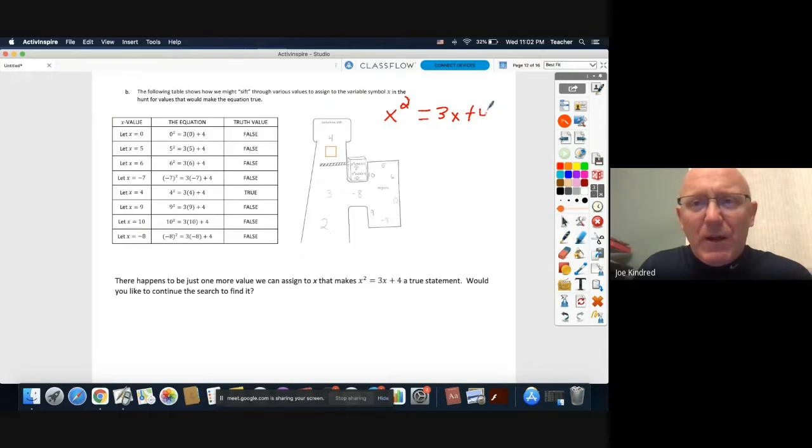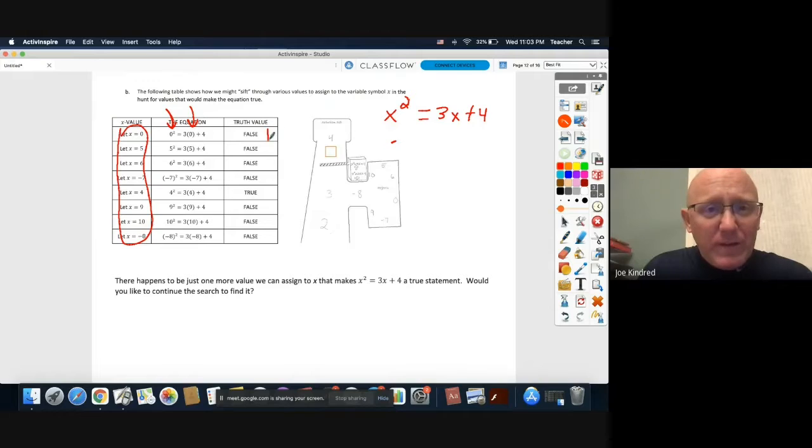So we're trying to find out what values make this side equal to this side. They begin plugging values in on this side. They randomly pick 0, 5, 6, -7, 4, 9, 10, and plug those numbers in, basically doing what we did in lesson 10. They're trying to determine whether the numerical equation is true or false.